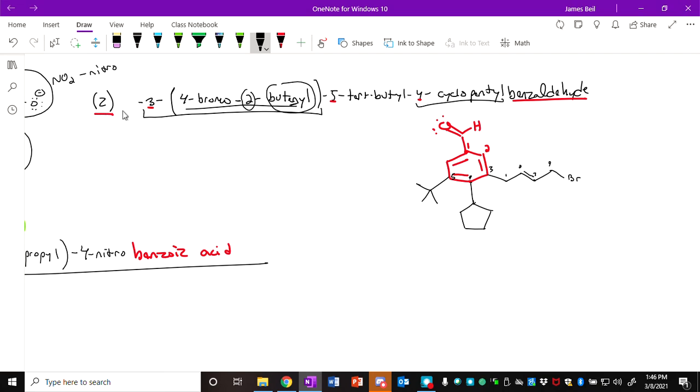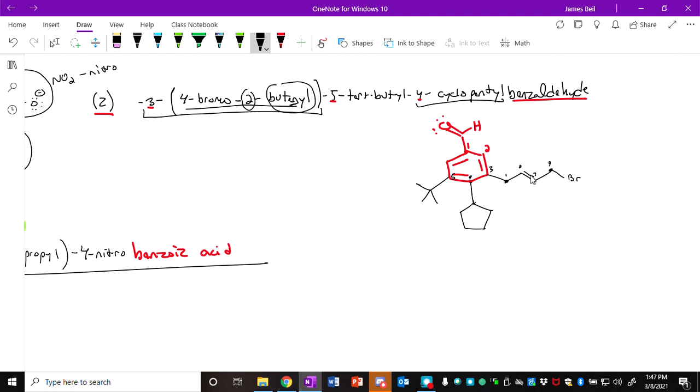So what does this Z mean? Well, the Z refers to the configuration at the alkene. By instinct, because most alkenes that have their large bulky groups on opposite sides of the pi bond are more stable due to having less sterics, I drew it that way because it's more stable.